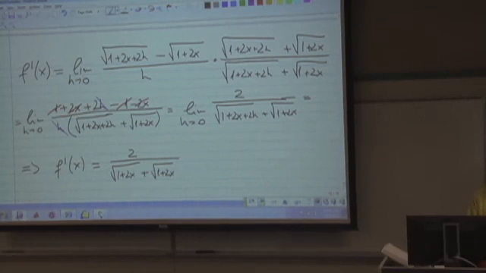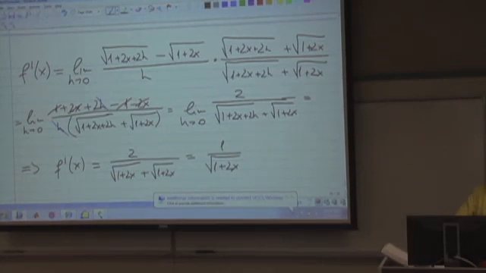Yeah? Which is just 1 over square root of 1 plus 2x. Well, I have 2 of them. Does this make sense? If say the number on top was 4, then it would be 2 over.